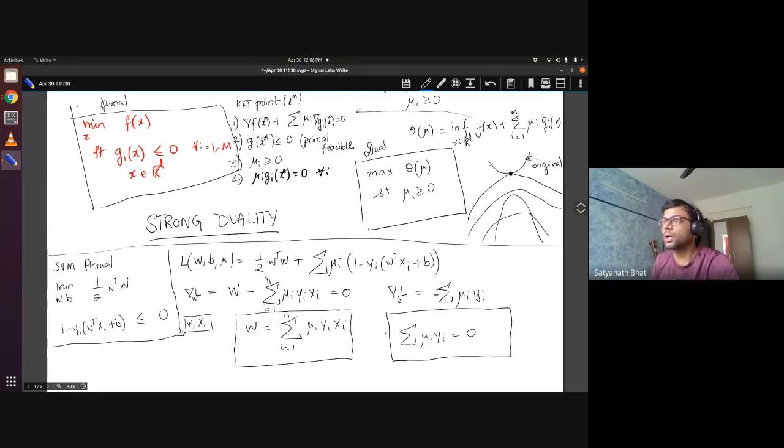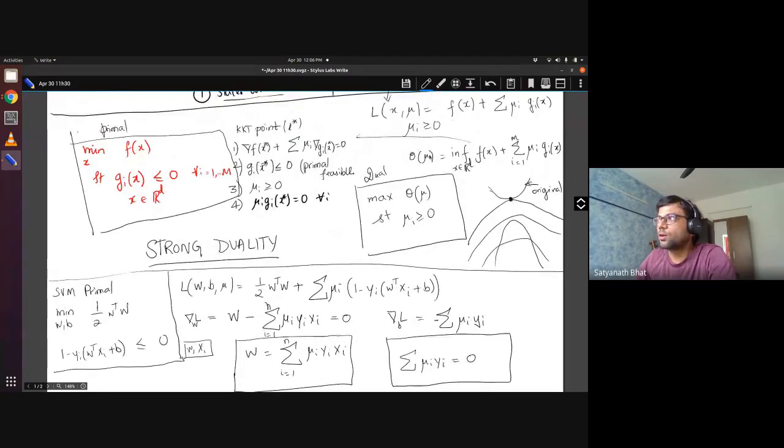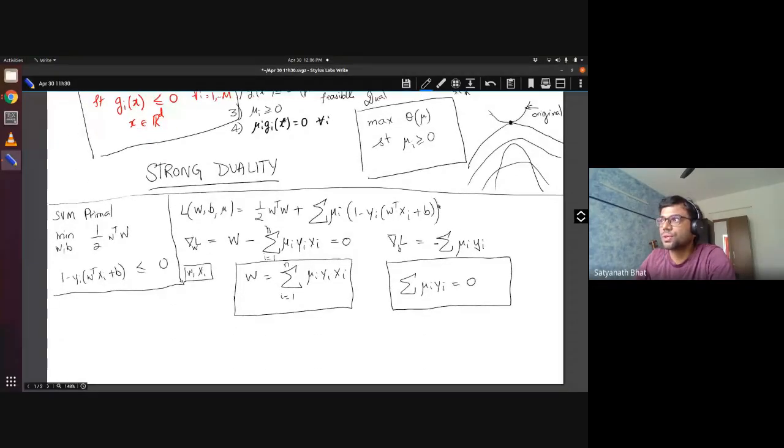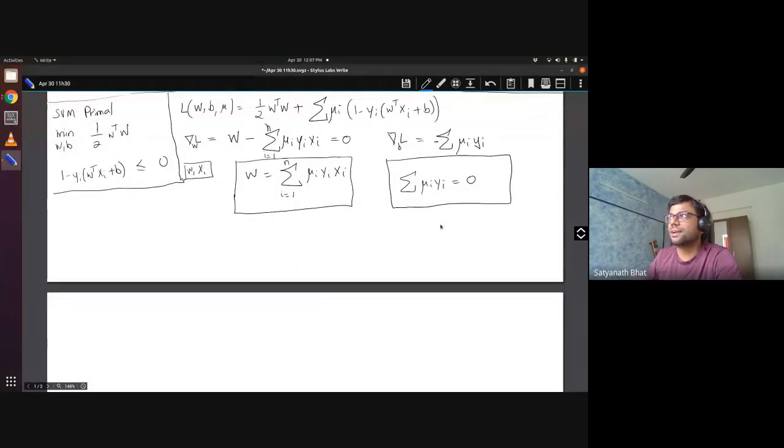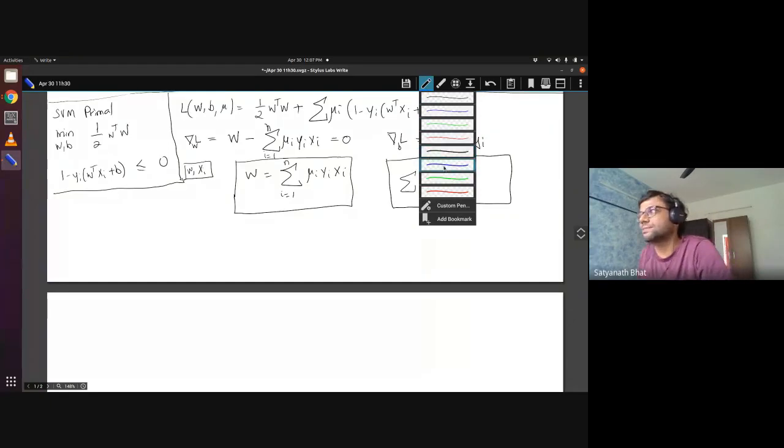So these are the two conditions that will be satisfied. If you are looking for theta of mu, it better satisfy these two conditions. That gives us a way to write theta of mu in a simple way. This is all things that you have seen in optimization, and I know because I was attending your class as well.